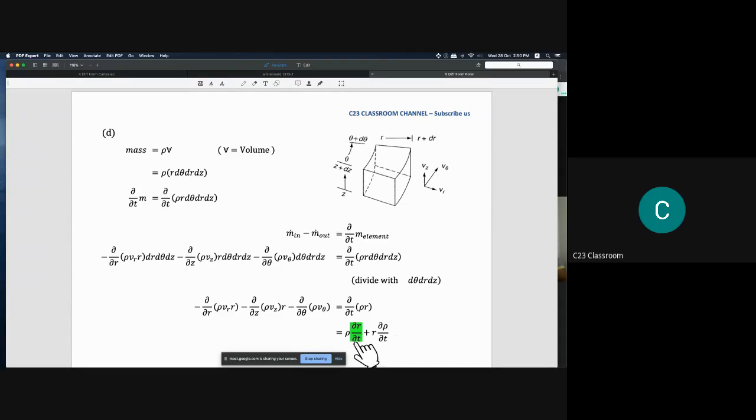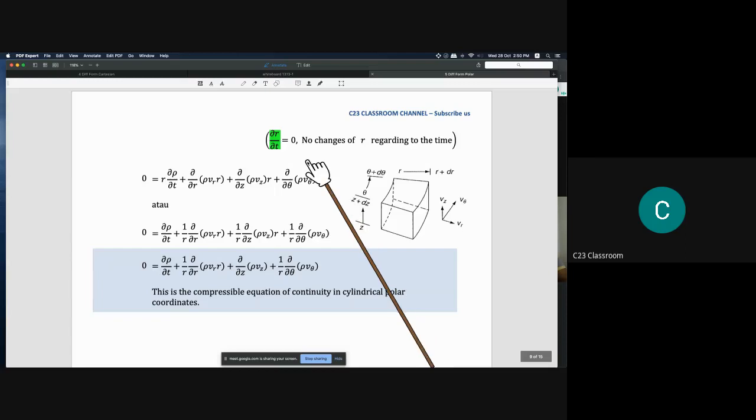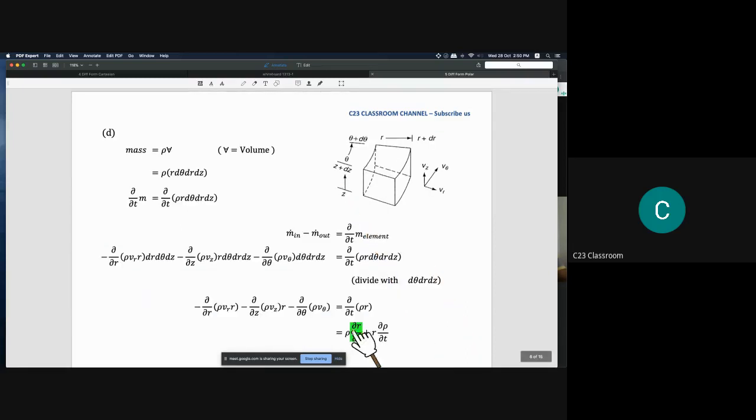Okay, and then for dr dt here, we could say that it is equal to 0 because the radius is not going to change regarding time. So it means that r dt is 0, and then we could neglect this one.